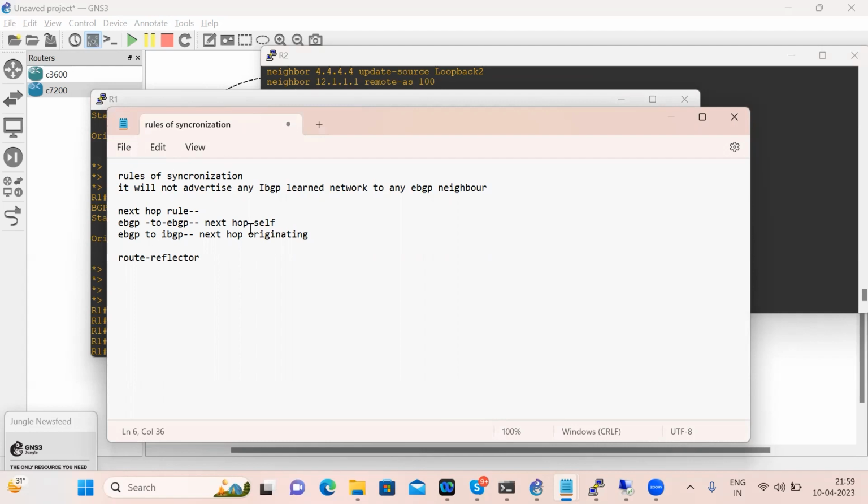Okay. So router 2 says whenever I learn any network through eBGP and give it to iBGP, the next hop will be what? Originating. Originating means whatever comes, I will give it the same to my iBGP. What are you getting on router 3?